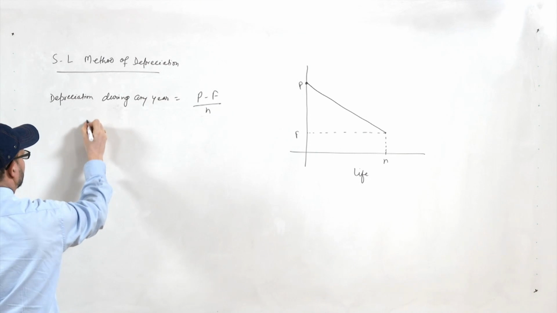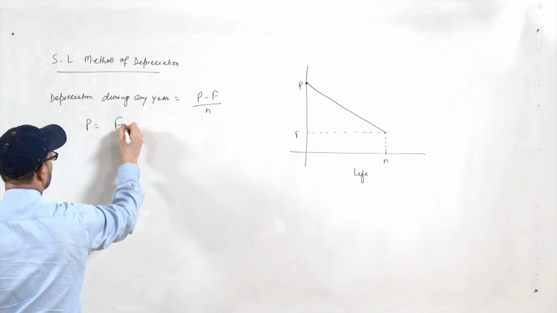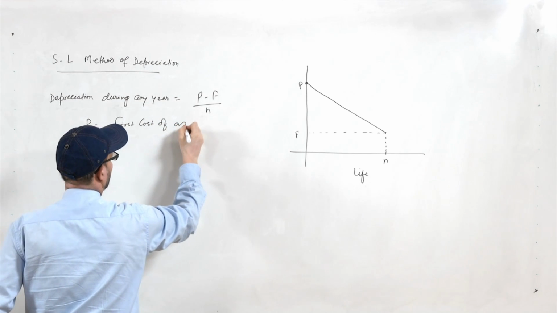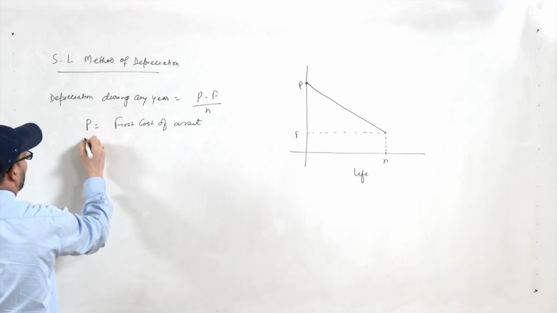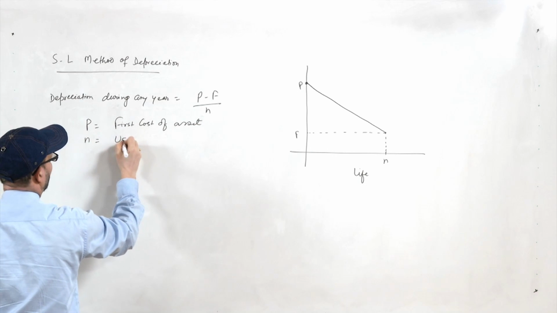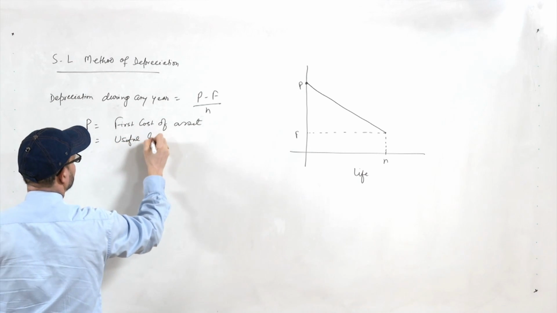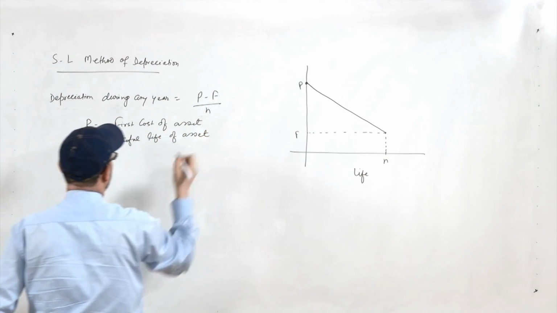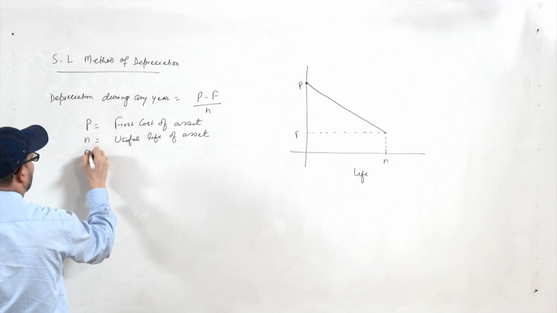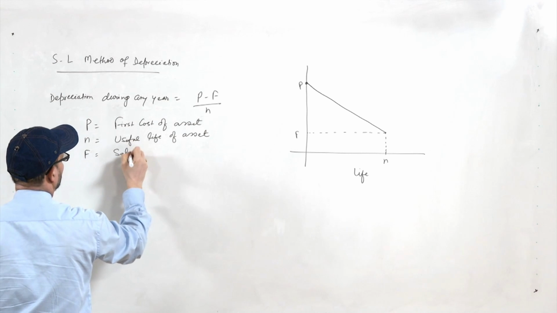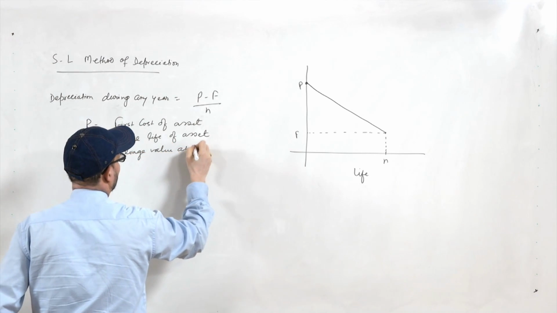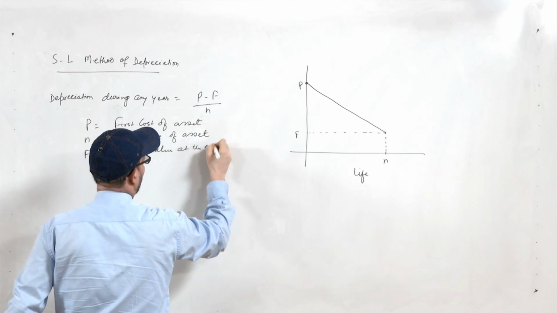P is the first cost of the asset, n is the useful life of the asset, and F is the salvage value at the end of its life.